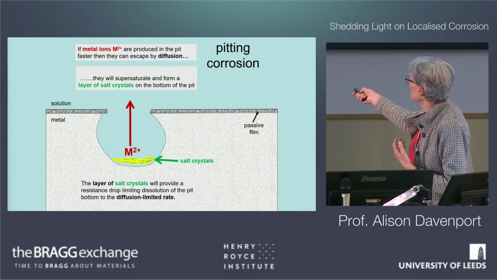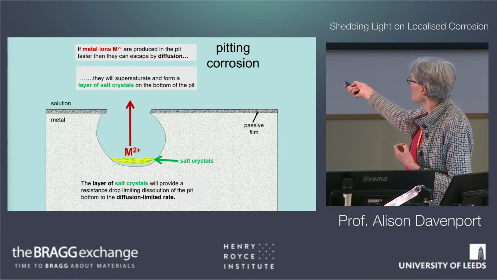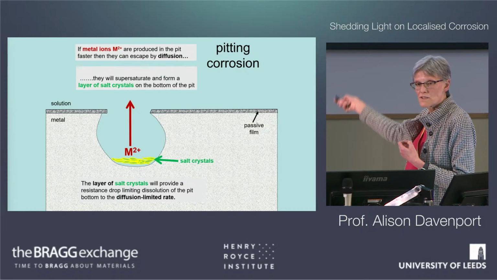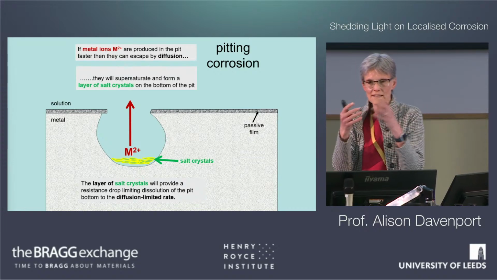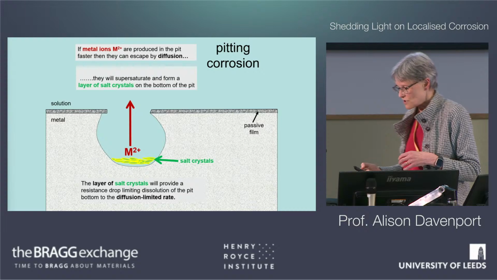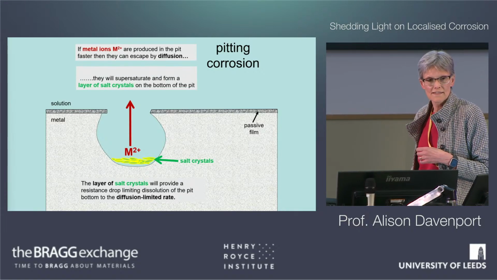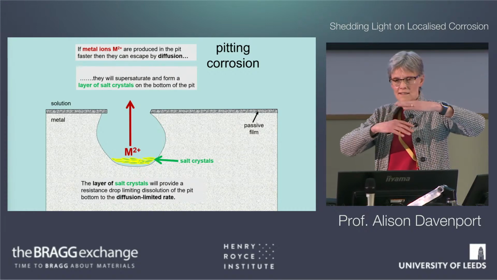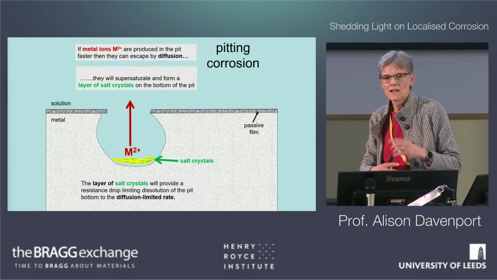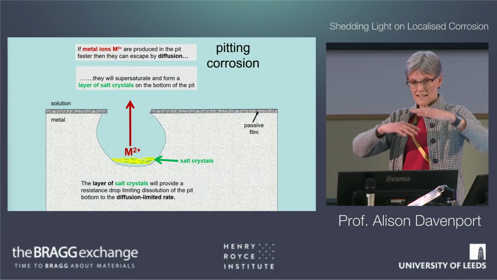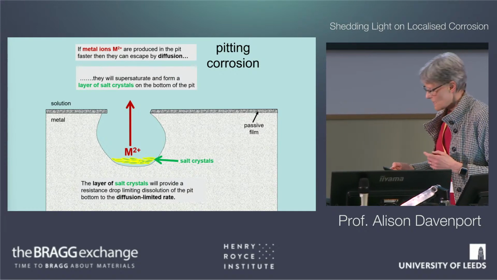So you can see here, if you can produce metal ions in the cavity fast enough, faster than they can escape and diffuse away, what's going to happen is you're going to supersaturate the solution with the metal salt, and you'll get supersaturation, and you'll have a salt layer crashing out on the bottom surface, and this has a bit of a resistance, which puts the brakes on a little bit in the production, and so that will leave you with the rate of production being equal to the rate of diffusion. So it's a way of putting the brakes on if you've got a salt layer.